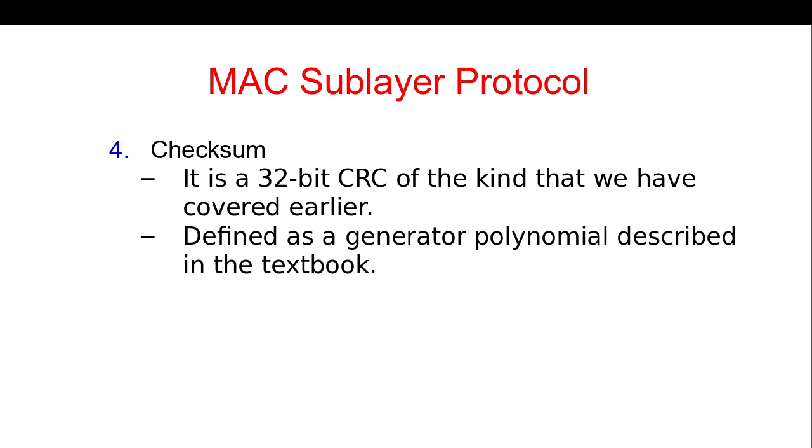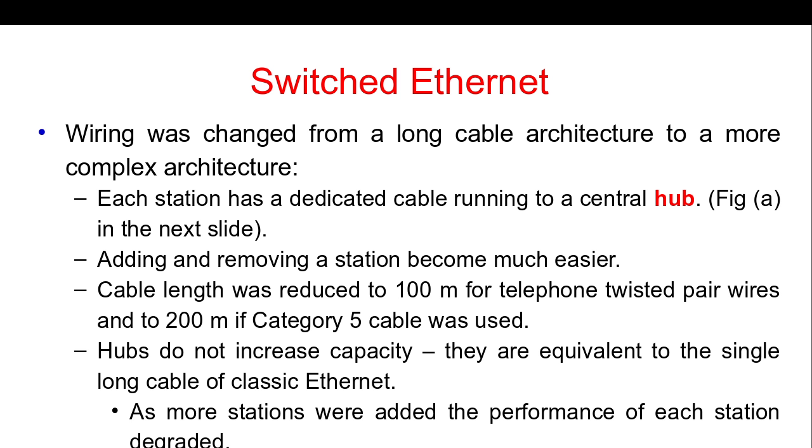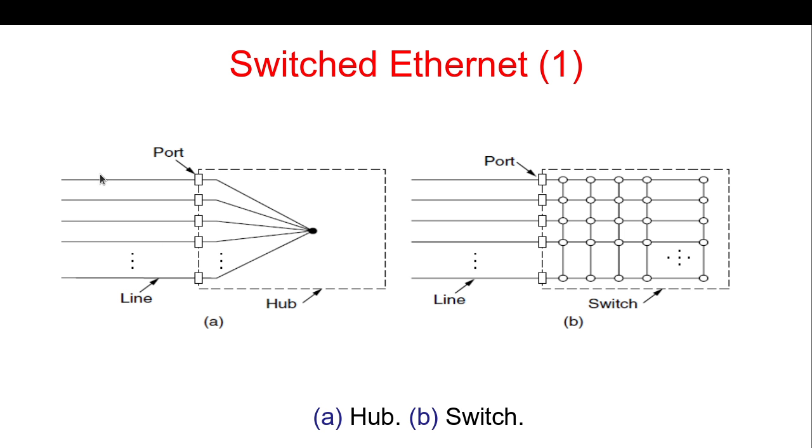Now we'll see what is called switched Ethernet. Here, a drastic change was made. Rather than having a single Ethernet cable, the wiring pattern was changed from a long cable to a more complex architecture, where each station had a dedicated cable running to a central device called a hub, as can be seen here.